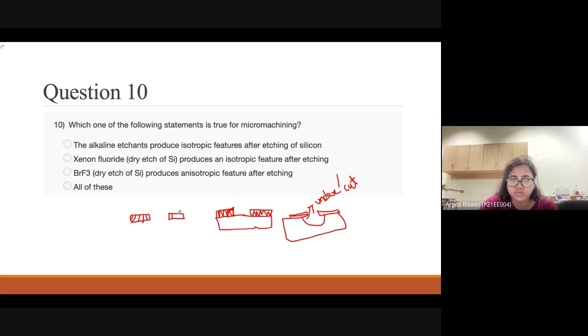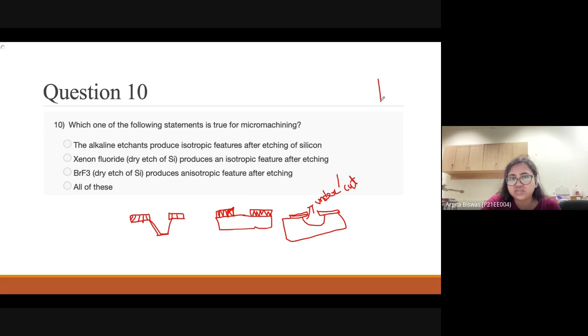Actually, if you go through the lecture, you can see this type of structure. Here you can see anisotropic etching. Now, it is not completely straightforward.